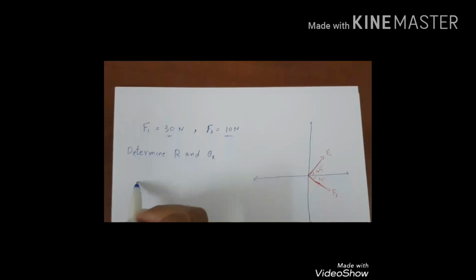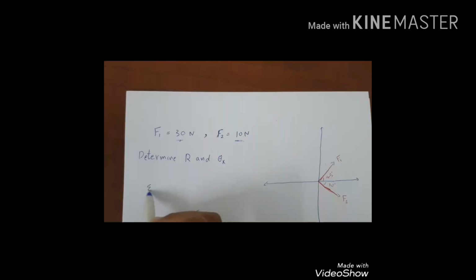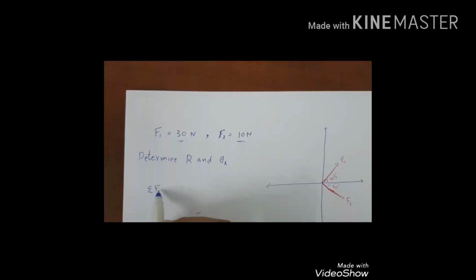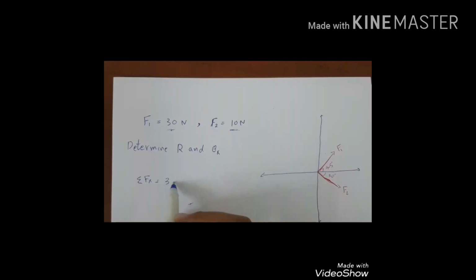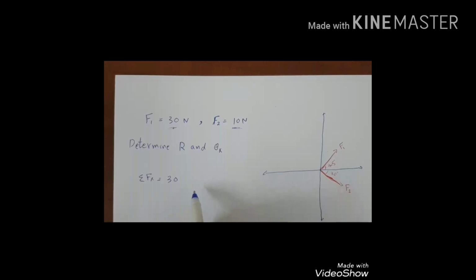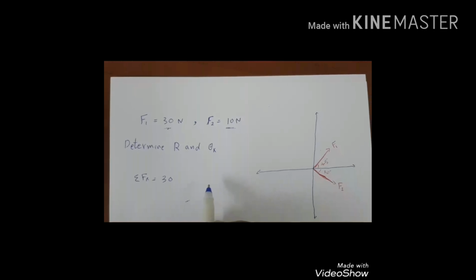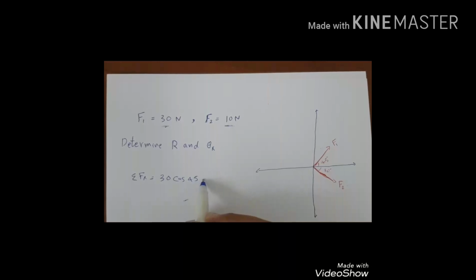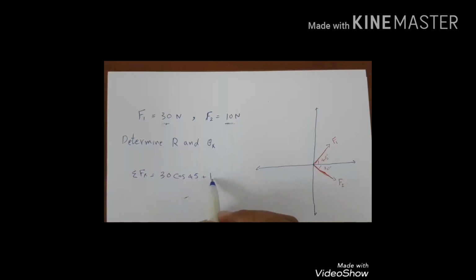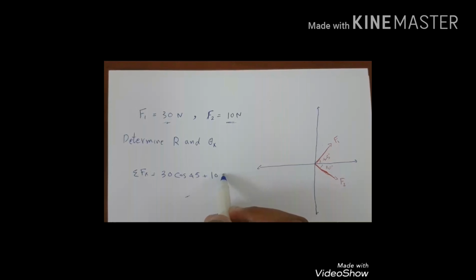First we write the sigma Fx equals 30 multiplied by cosine 45 plus 10 multiplied by cosine 30.